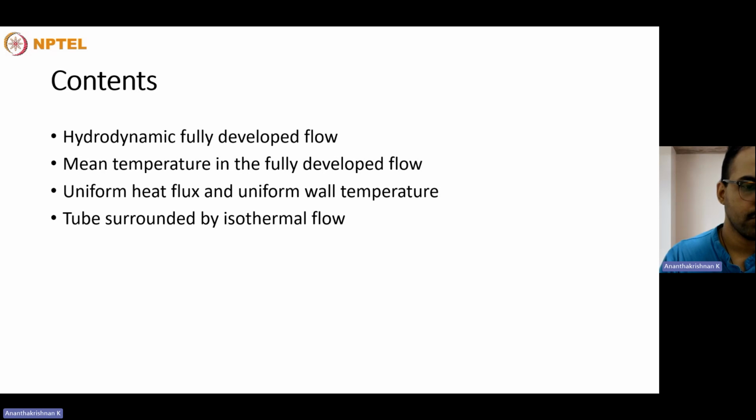So we'll see a few derivations, numerical type problems, and multiple choice questions based on this week's lectures. So without wasting much time, we can move to the problems.